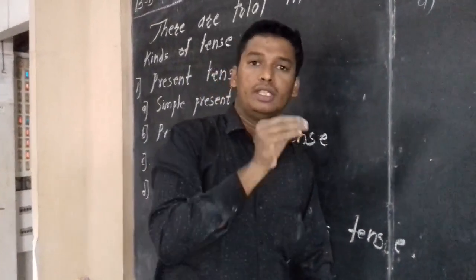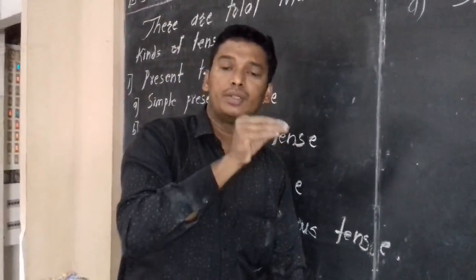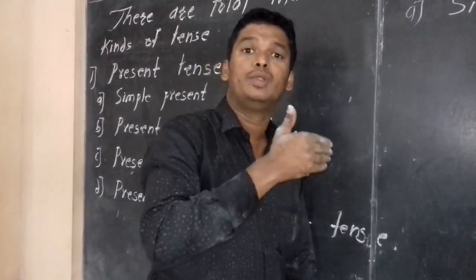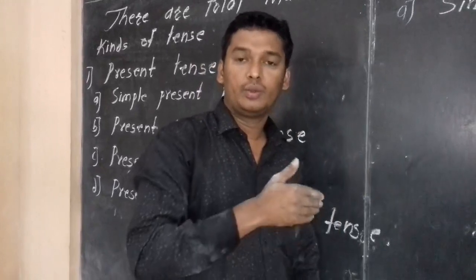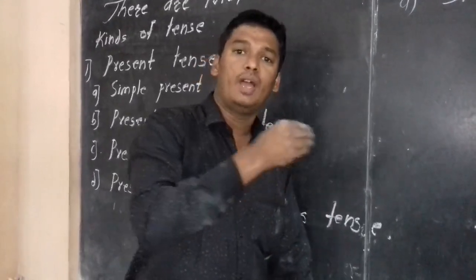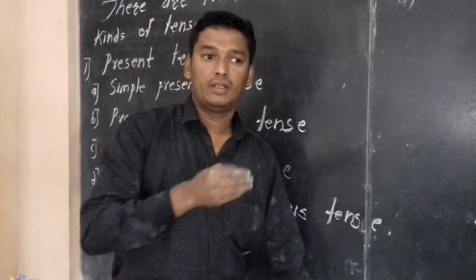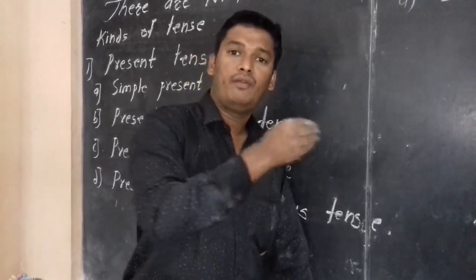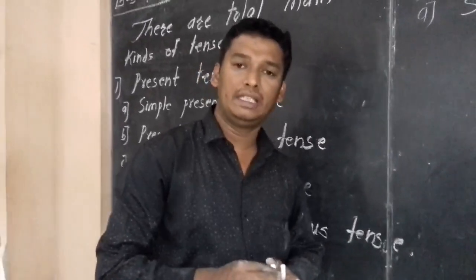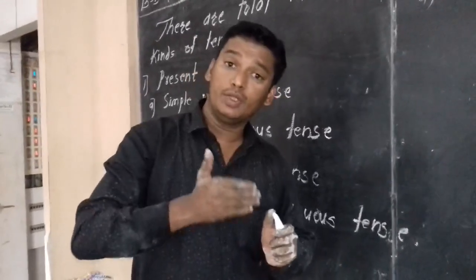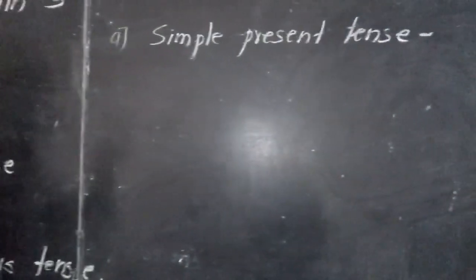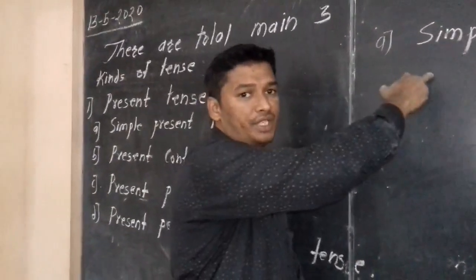Look, this simple tense is used to express routine and habitual action. For example, I go to school every day. My father goes for the morning walk daily. These are habitual actions, routine actions. So these actions are expressed by simple present.